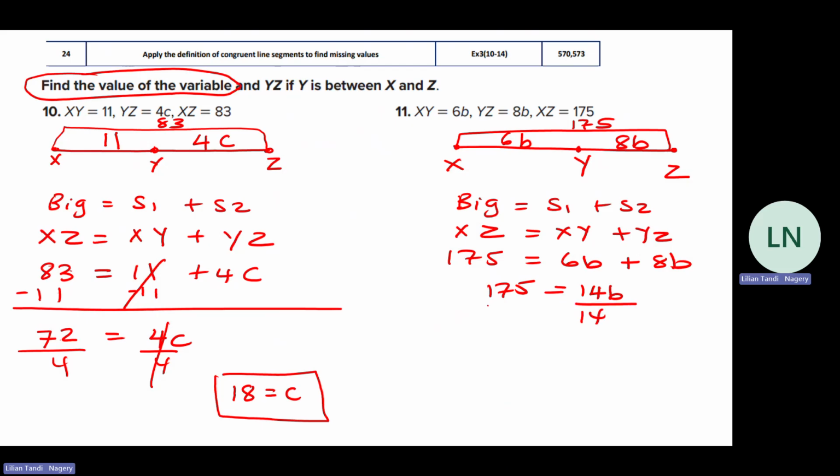And you divide by 14 on both sides. Let us see how much that gives us. That will give us 175 divided by 14, which is 12 and a half. So your answer will be 12 and a half equals b, or 12.5. Okay?